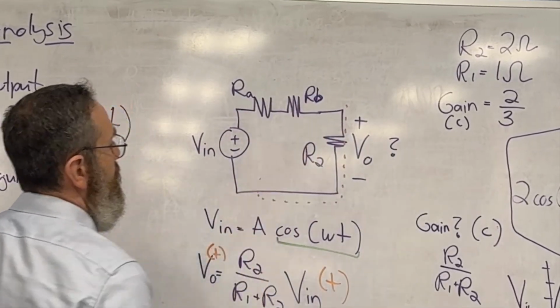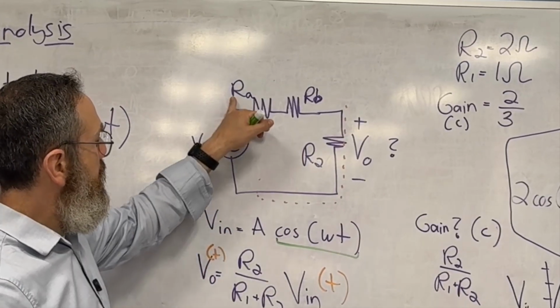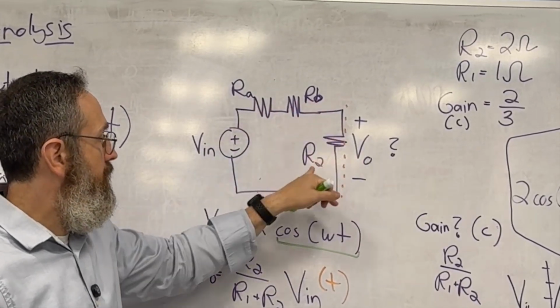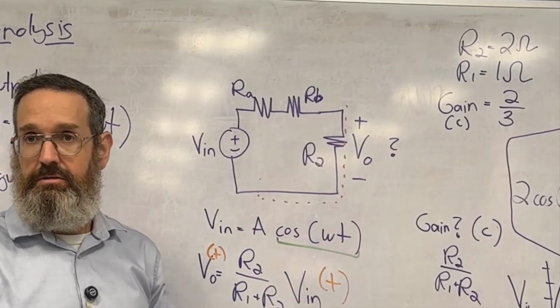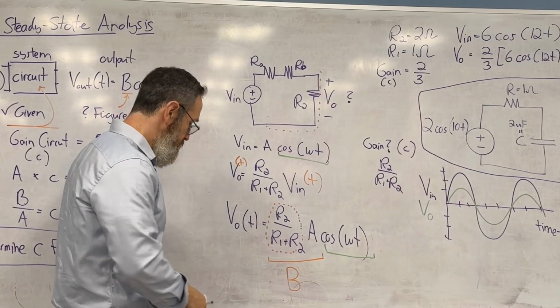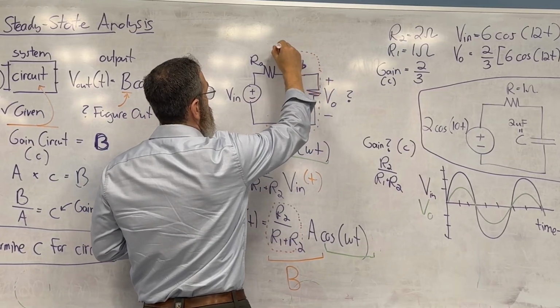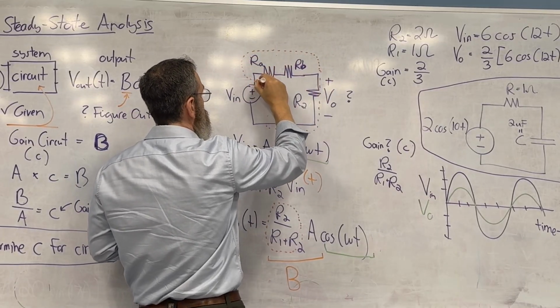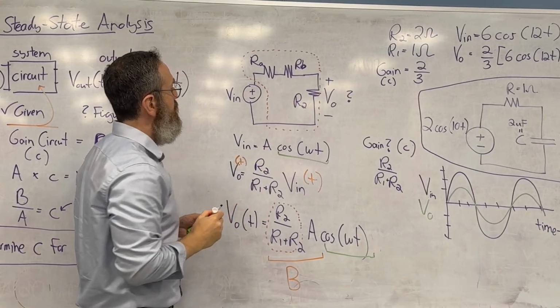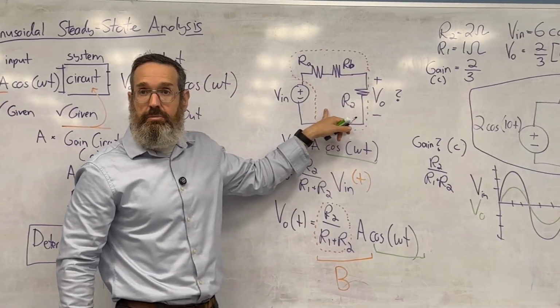All right, RA, RB, R2, and I want to know what V out is. I know you know how to solve this, but I want you to go back and say, okay, now what's the system? Now this is the system.